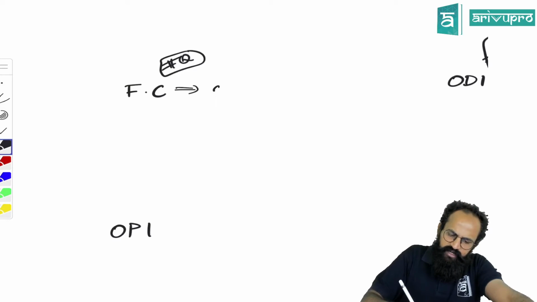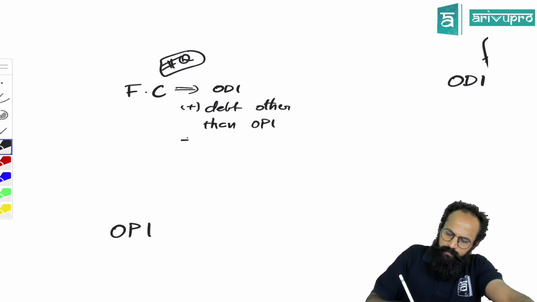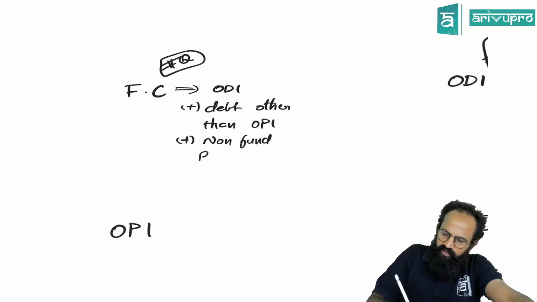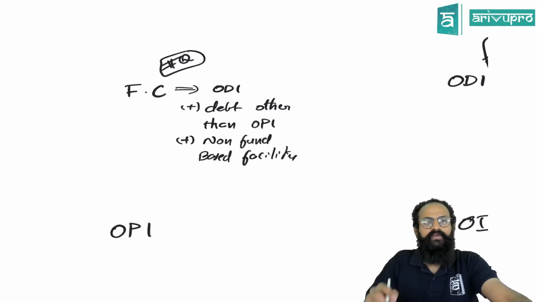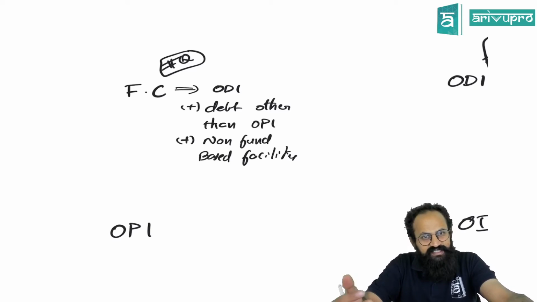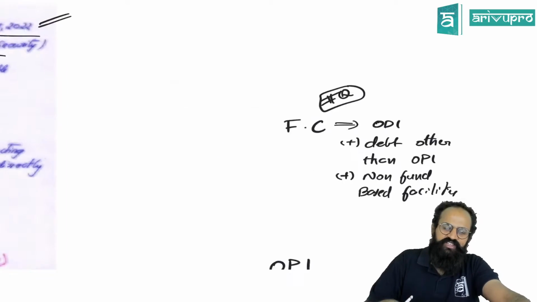Financial commitment is ODI plus debt other than OPI plus non-fund based facilities. All of this put together is called financial commitment. Simple definition. What is ODI, sir? We'll understand everything, don't worry. This is the first definition.